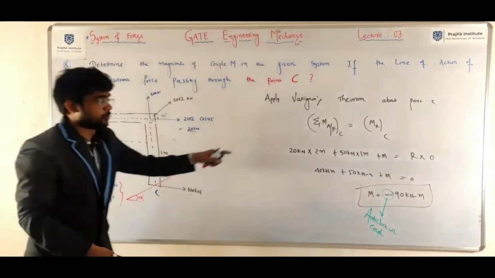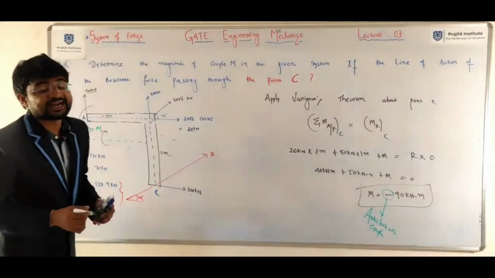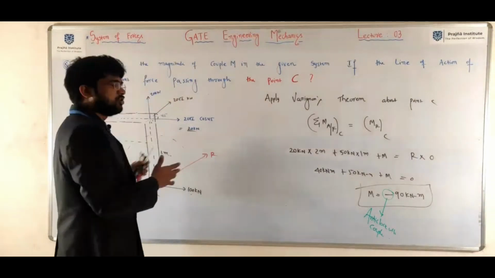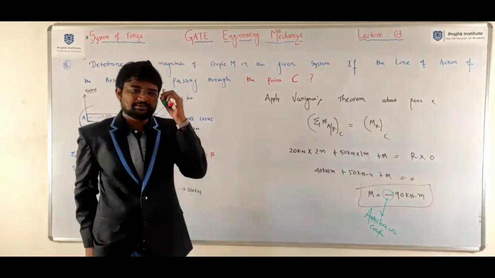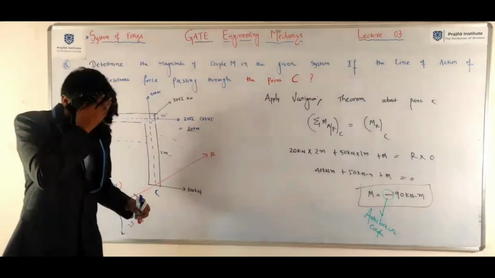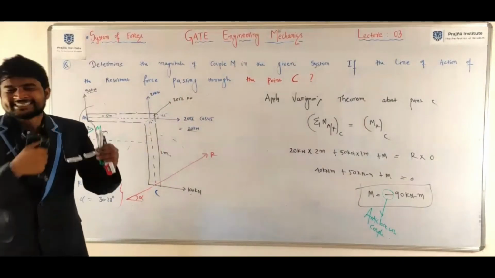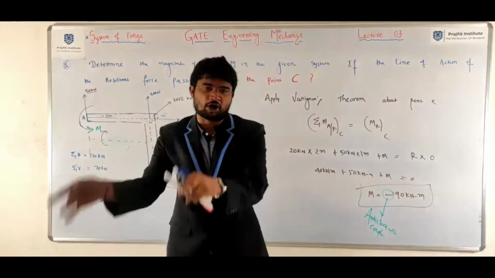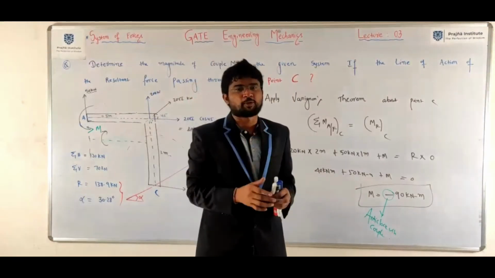Then you will get a positive value. You can't decide that at the beginning. So this logic you will follow in so many cases. First you will assume something. If you get negative, our assumed direction is wrong. That principle is also very important.